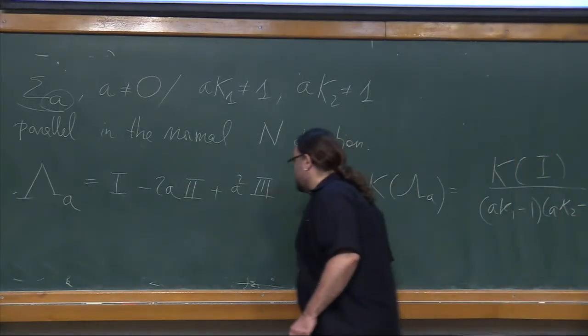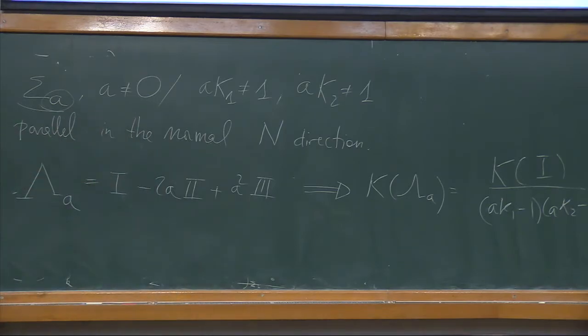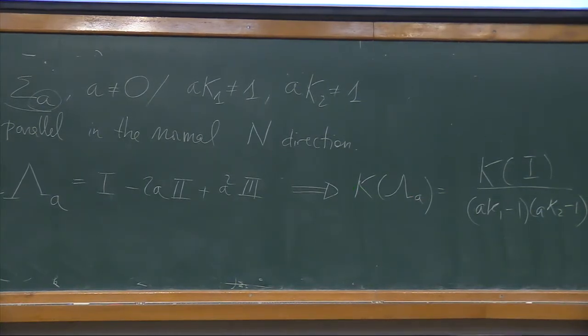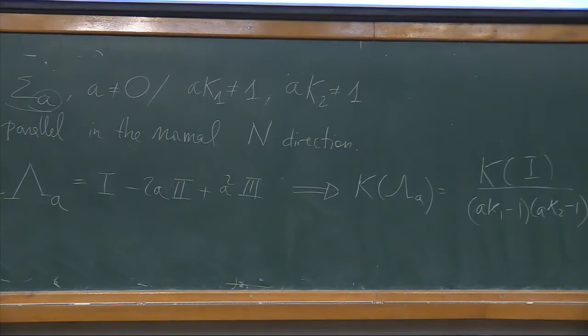Then we can observe that those parallel surfaces have non-negative curvature, and this curvature vanishes if and only if this curvature vanishes. If this curvature vanishes, then the curvature for the first form vanishes too.